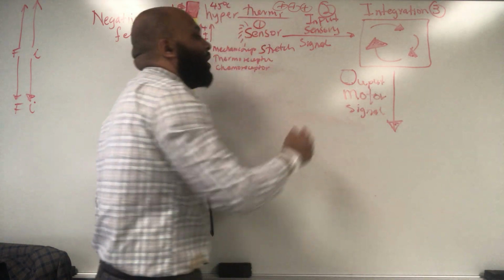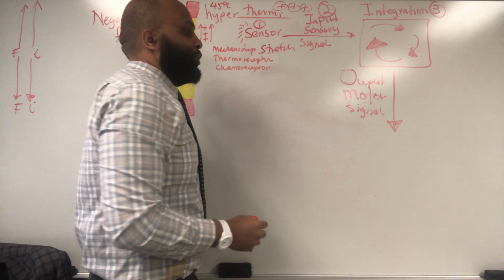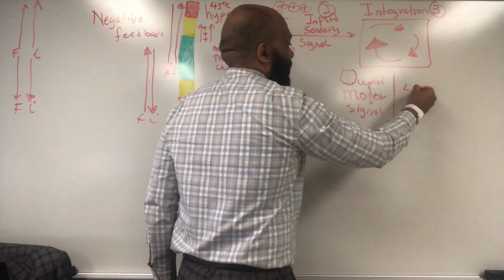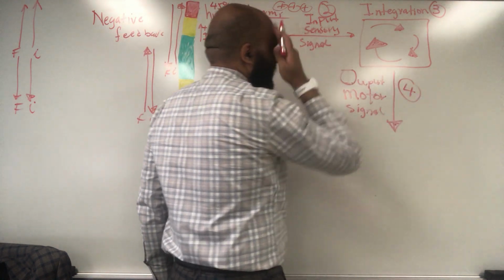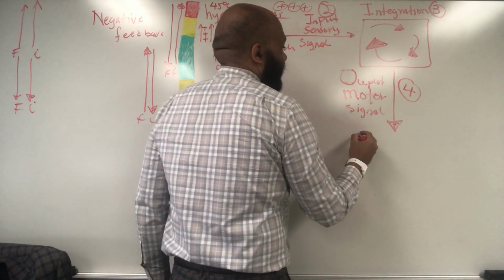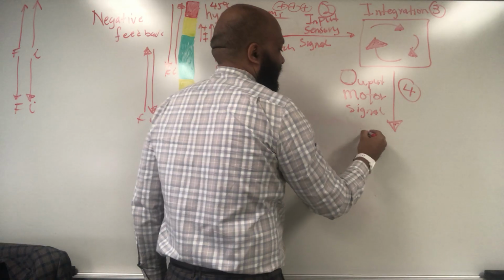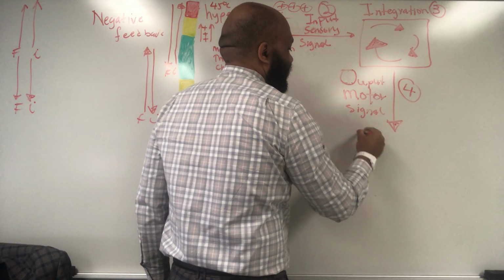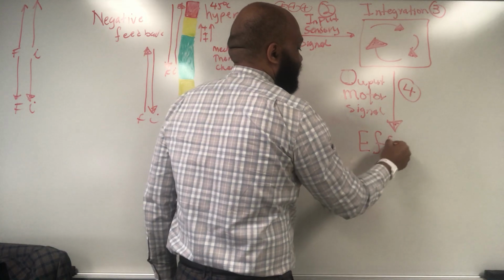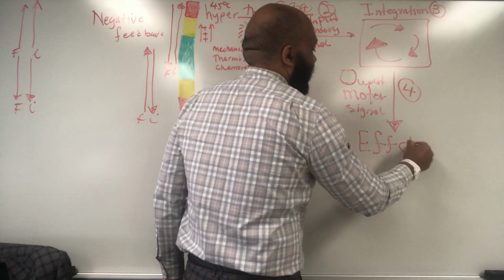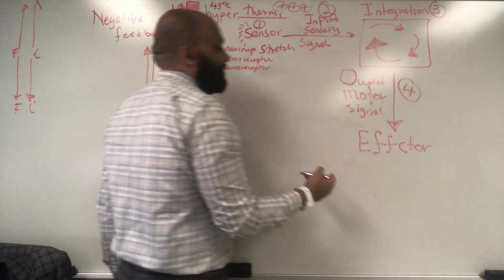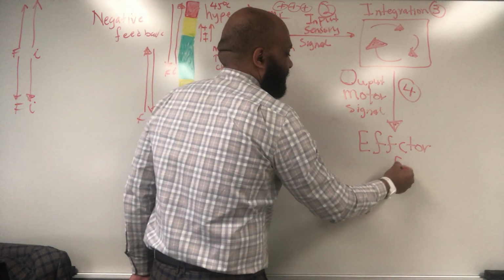It's going to send an output motor signal to who? That's step number 4. Then step number 5 is going to be, we're going to stimulate an effector, and this effector is step number 5.